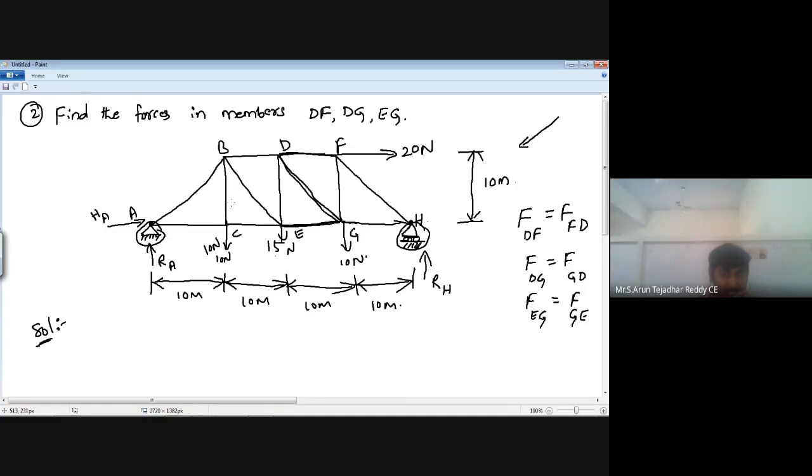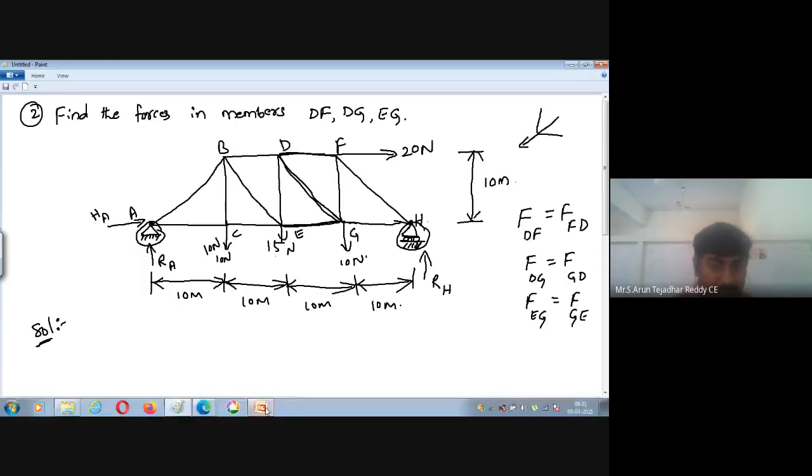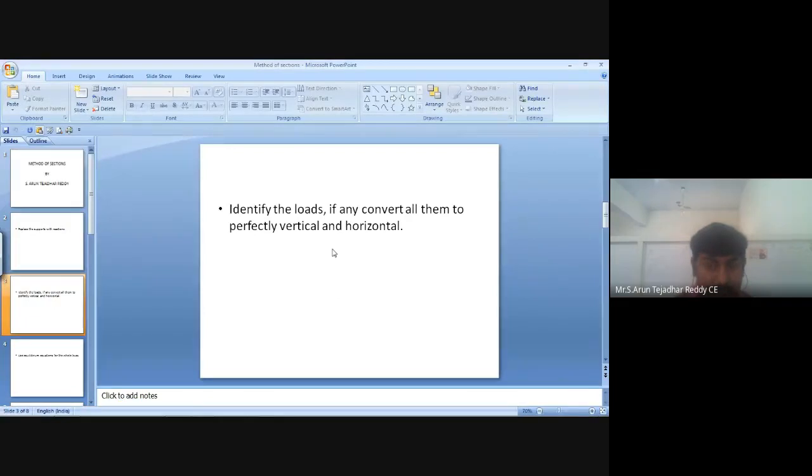If so, we should convert them to perfectly horizontal and vertical. But in this diagram there is no inclined load, so no problem. The second point is not required, because all the given loads are perfectly horizontal and vertical.